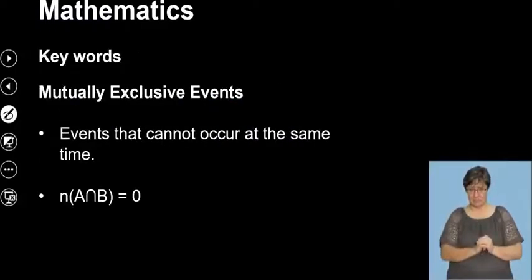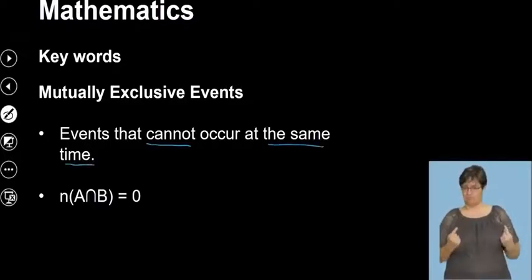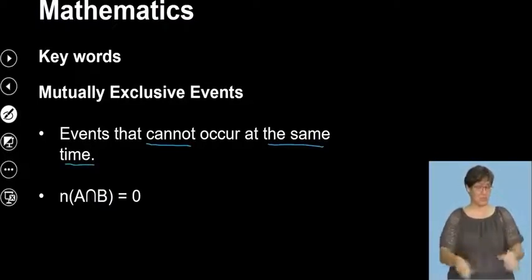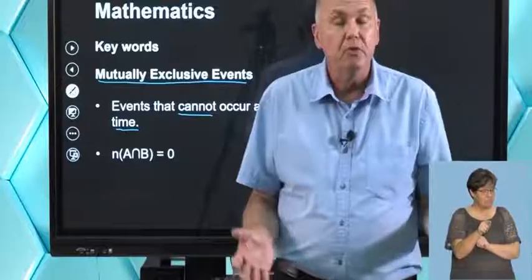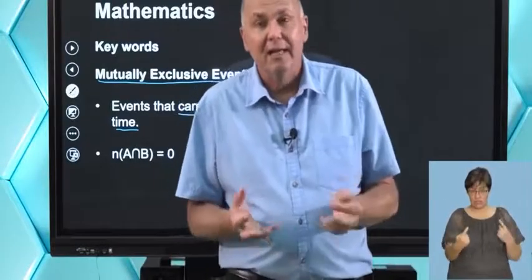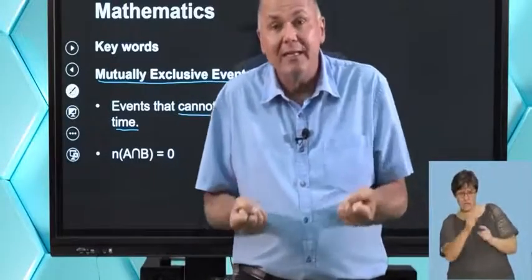So when we define mutually exclusive, it simply means events that cannot occur at the same time. Very, very important. Even at a high level of study in probability, you would be asked to identify: is an event mutually exclusive or not? And it's not that difficult to recognize.